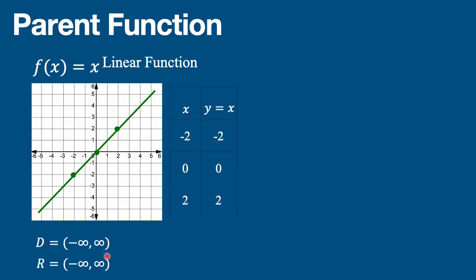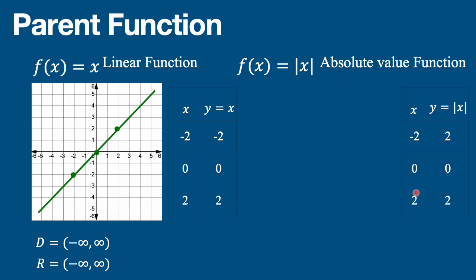Let's have another function. f(x) = absolute value of x. What's the name of this function? That's going to be the absolute value function because it has absolute value. Before we sketch it, we're going to make a table like that. I picked only 3 x values, -2, 0, and 2.